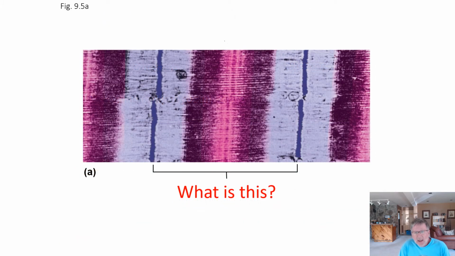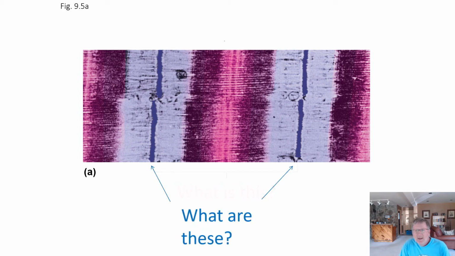This is a magnified electron photograph, probably from a compound light microscope, of a sarcomere. So hopefully you recognize these darker blue structures. Do you know what those are? Those are the Z lines, right? There they are.